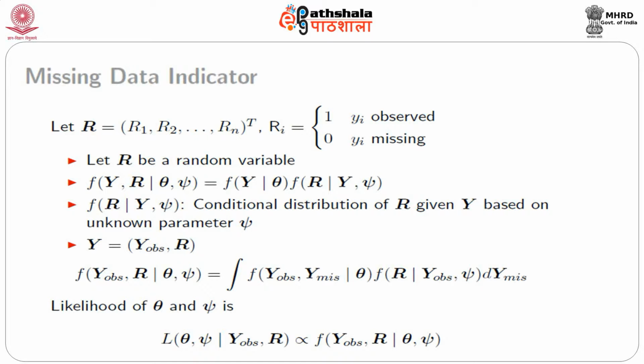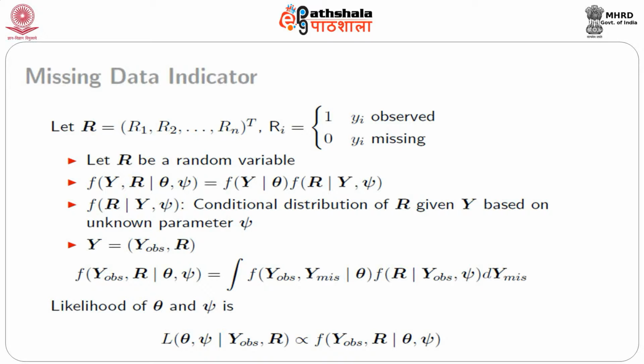The joint distribution of R and y is the product of the distribution of y and the conditional distribution of R given y. So, f(y, r | theta, psi), and we will come to what psi is in a moment, is f(y | theta) into f(r | y, psi), where f(r | y, psi) is the conditional distribution of r given y and psi is the unknown parameter on which the conditional distribution is based.